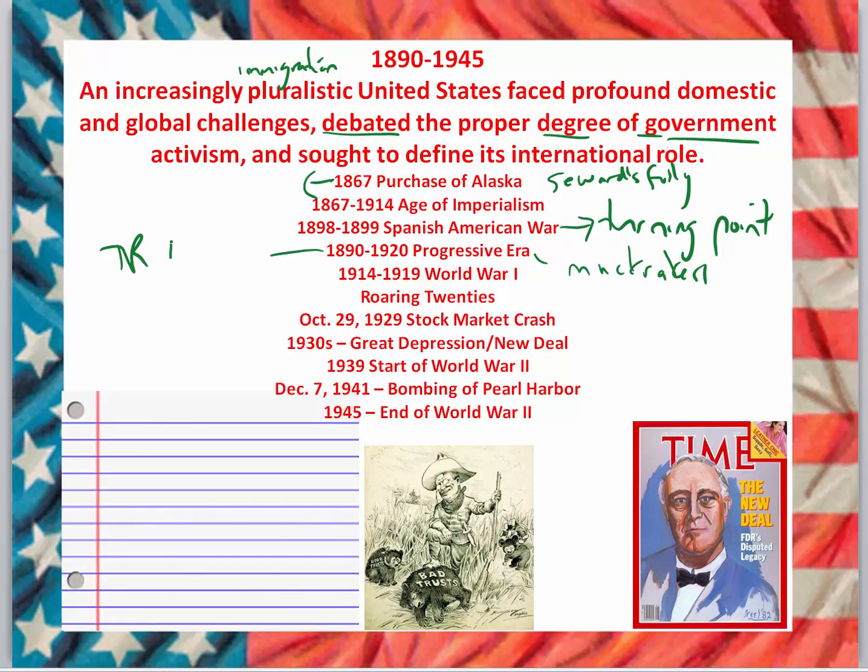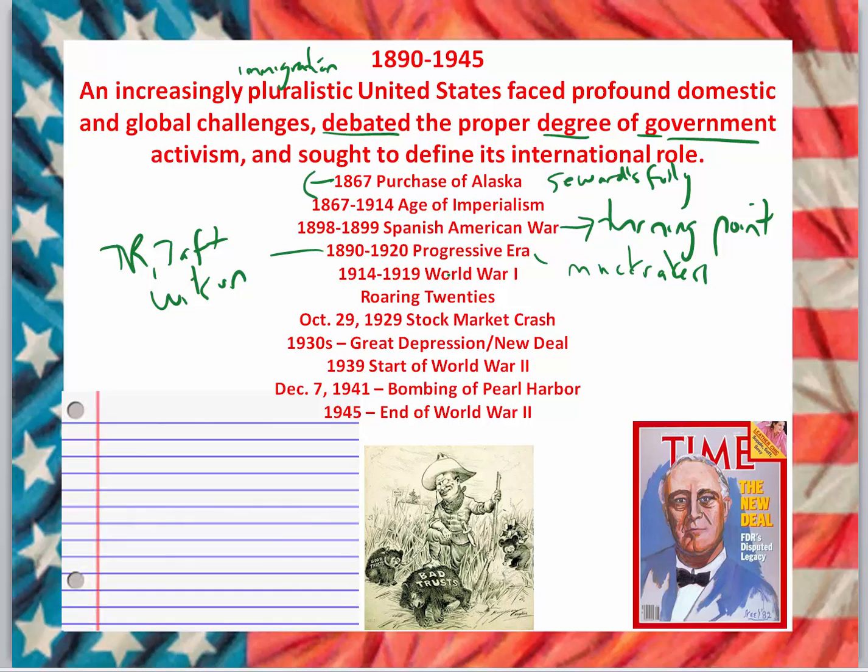Teddy Roosevelt, then Taft, and then Wilson. And these three presidents all support greater involvement of the government in the economy, which is different from the Gilded Age. But remember, recently historians are now debating how much of a difference there was, or should we be combining these two time periods, the Gilded Age and Progressive Era, together.